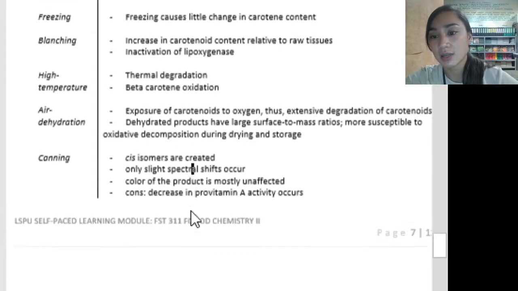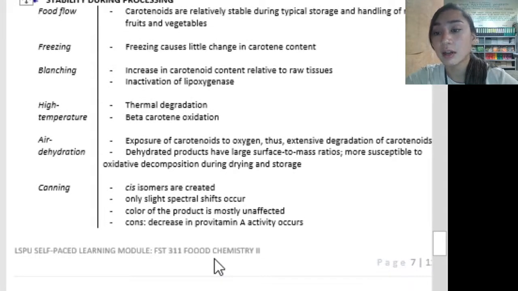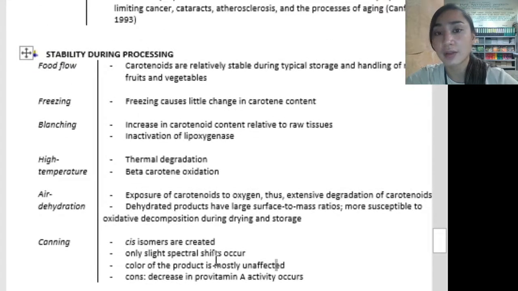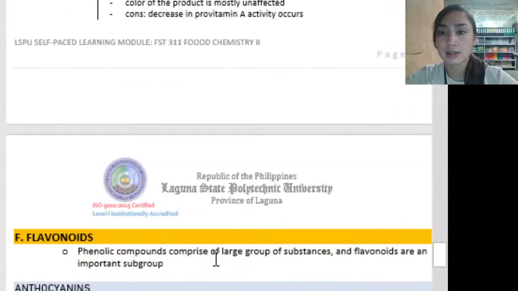Yung difference ng dalawa. So, that will be your assignment. So, color of the product is mostly unaffected when it comes to canning. However, there is a decrease in provitamin A activity. No? So, wala mang effect masyado with the color. However, yung vitamin A content decreases.